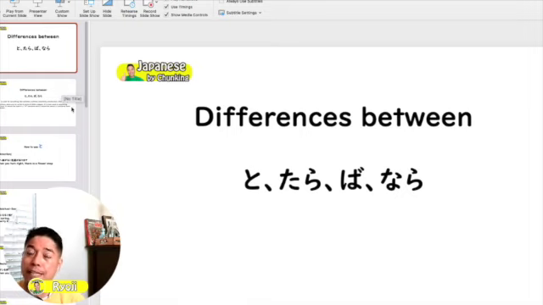In English, when you say a certain thing, if and when can be used interchangeably. So I don't know, in your language, if and when will be very similar, but this is where the confusion comes from. So get used to the use of と、ただ、ば、なら and use them correctly so you can sound better when you speak in Japanese.